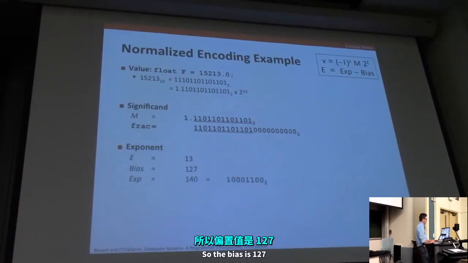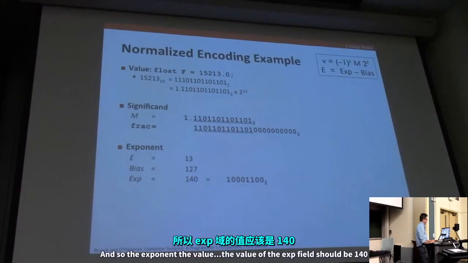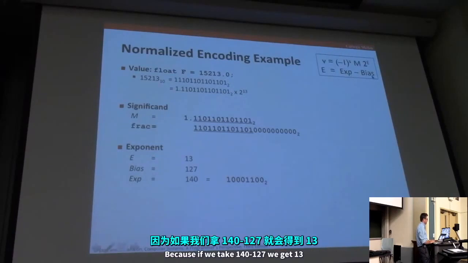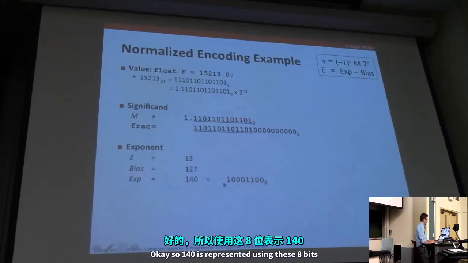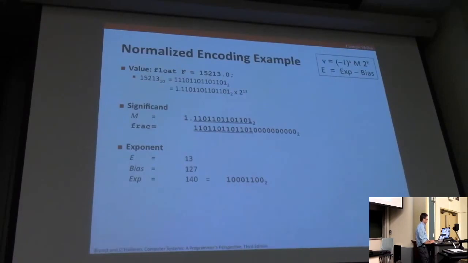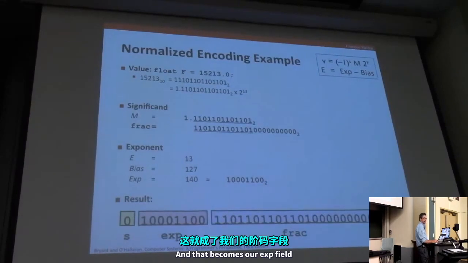The bias is 127, and so the value of the EXP field should be 140, because if we take 140 minus 127, we get 13. 140 is represented using these 8 bits, and that becomes our EXP field.